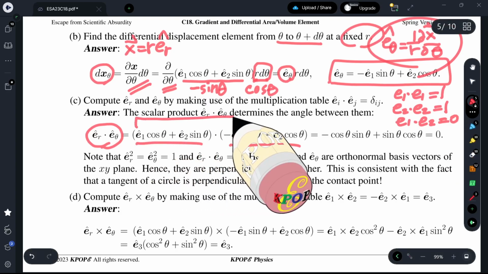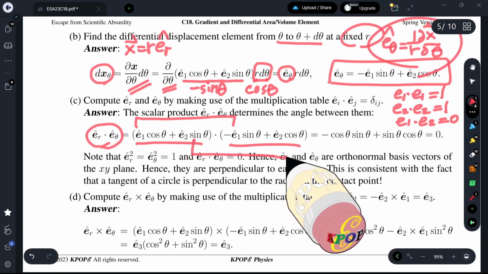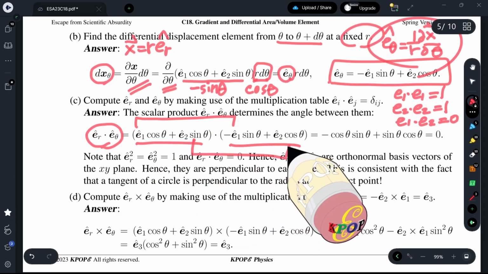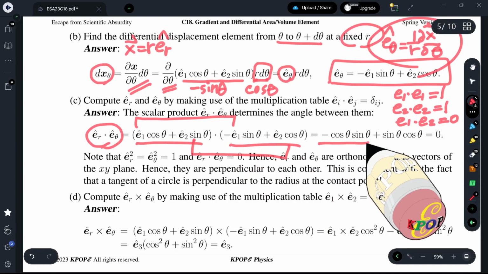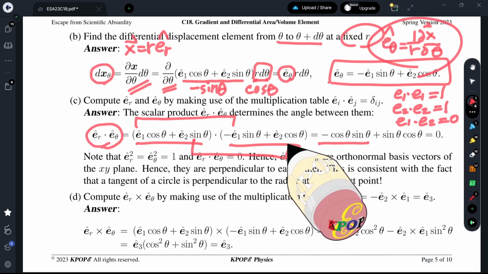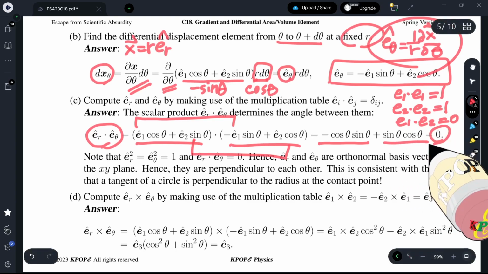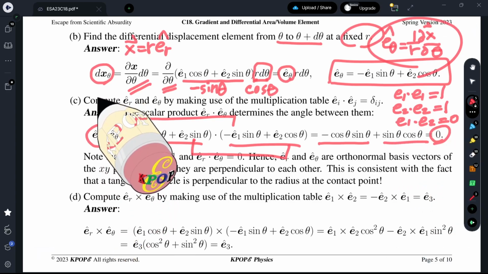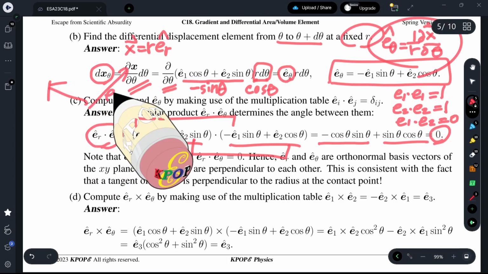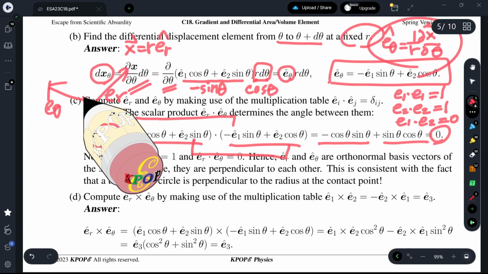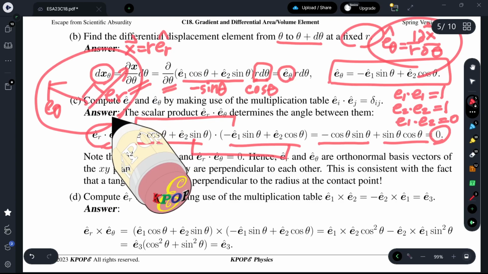So we only consider these two scalar products. This is minus cosine sine, and this is sine cosine. They cancel exactly. This means e r and e theta are perpendicular to each other.